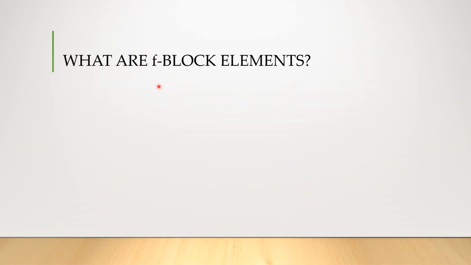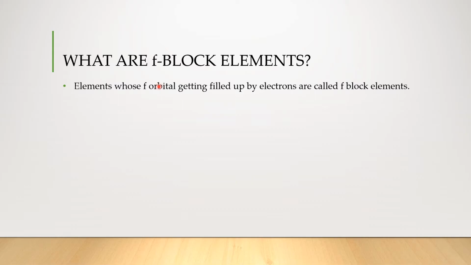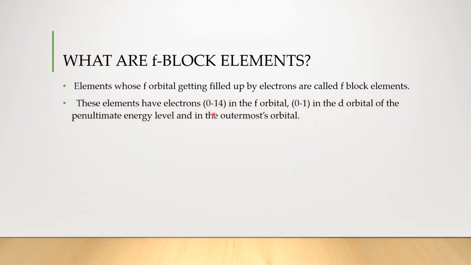Now we are going to see the f block elements in detail, okay. First we are going to see what f block elements are. Elements whose f orbitals are getting filled up by electrons are known as f block elements, okay. There are 0 to 14 electrons in the f orbital and 0 to 1 in the d orbital, that is the penultimate shell.